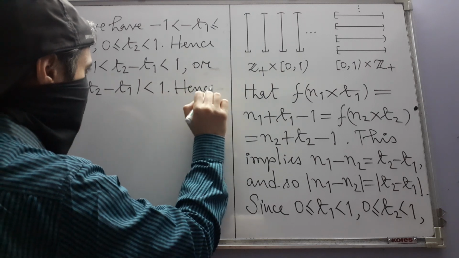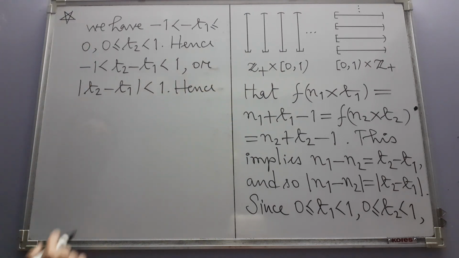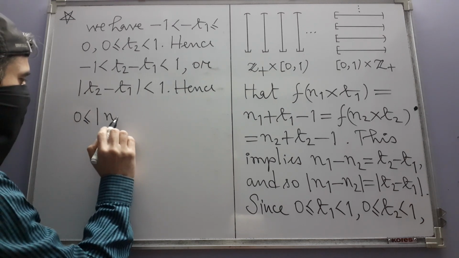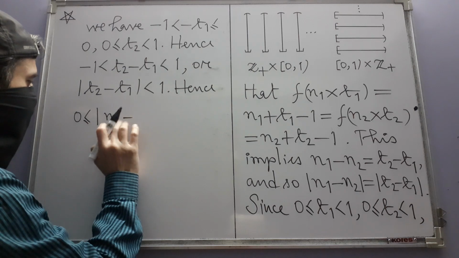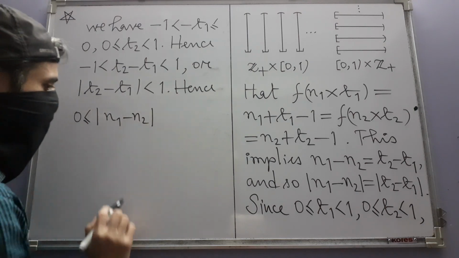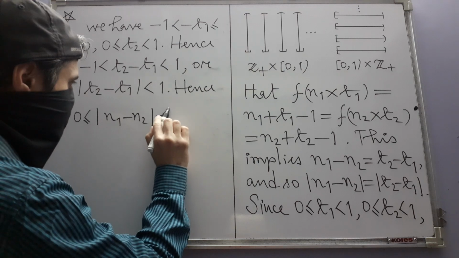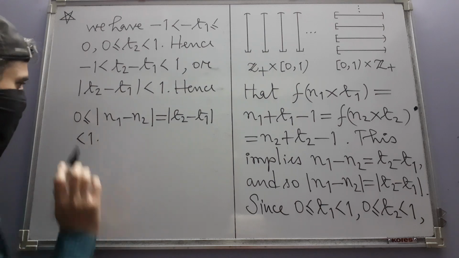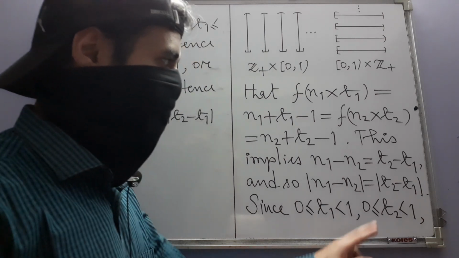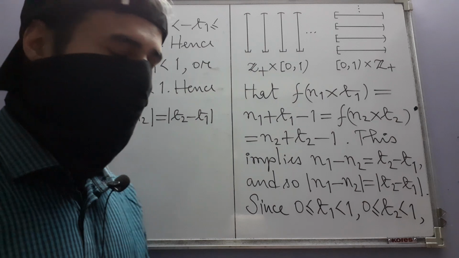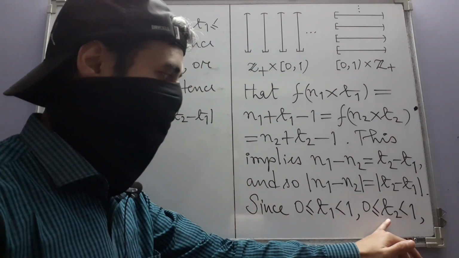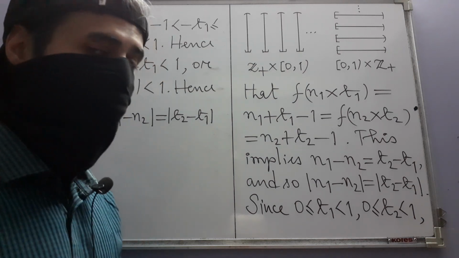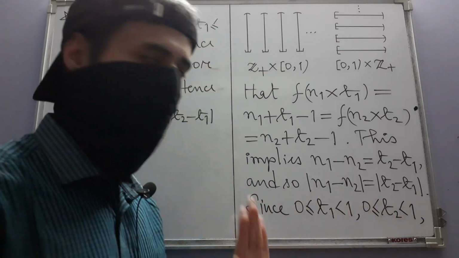Hence, the absolute value of n1 minus n2, because that's equal to the absolute value of t2 minus t1, is less than 1. Alright, now t2 minus t1 or even its absolute value may not be an integer if we simply use these inequalities.